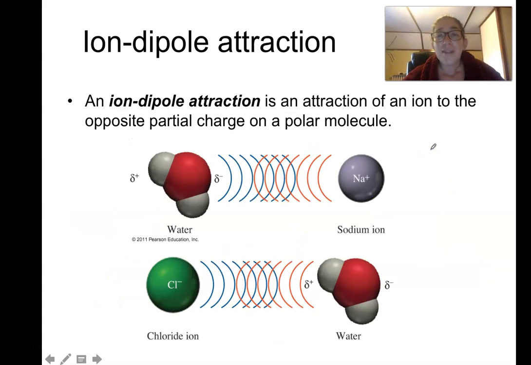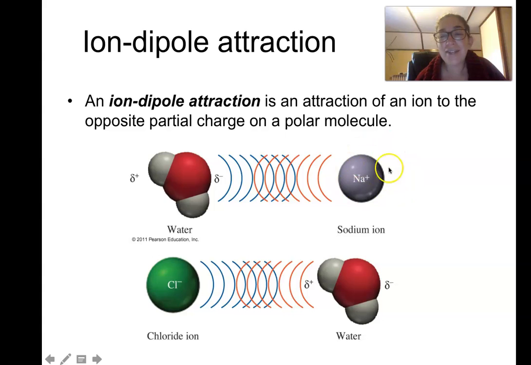All right, the fourth type of attractive force is called ion-dipole attraction, and this happens when you have a full-on ion and something polar. So the classic example here is salt dissolved in water. So table salt, sodium chloride, when you dissolve it in water, it breaks up into the ions, sodium ions and chloride ions.